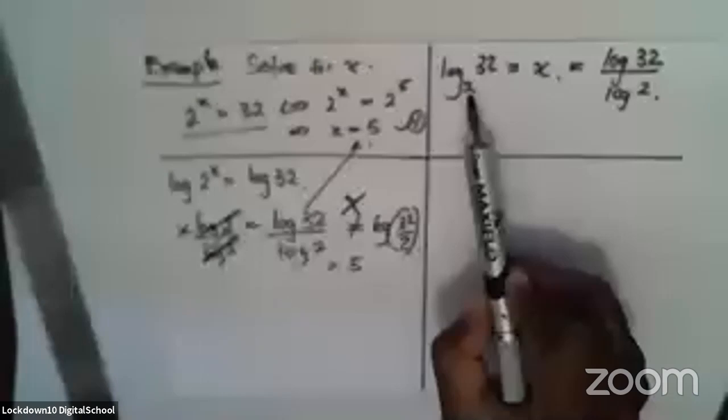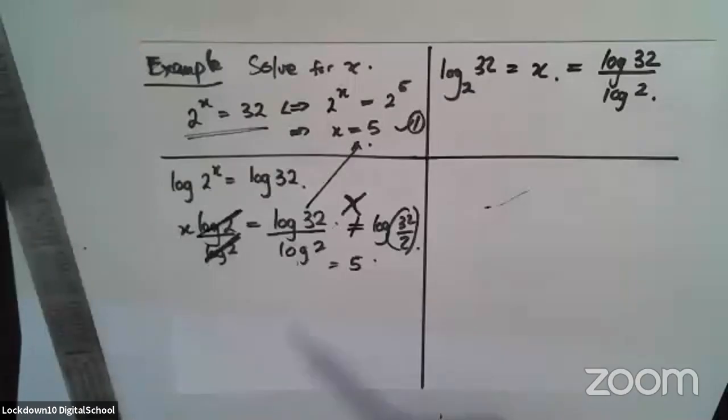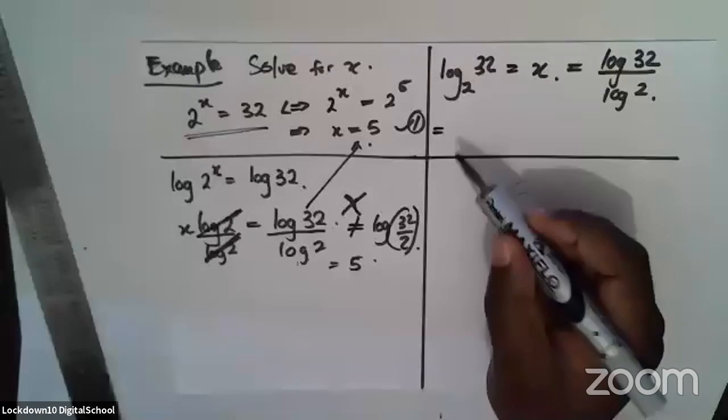That's how I can write it here, to put it in log form. But when we solved for x again, we said x is equal to log 32 over log 2. So if I eliminate this x now, log 32 to base 2 is equal to log 32 over log 2.